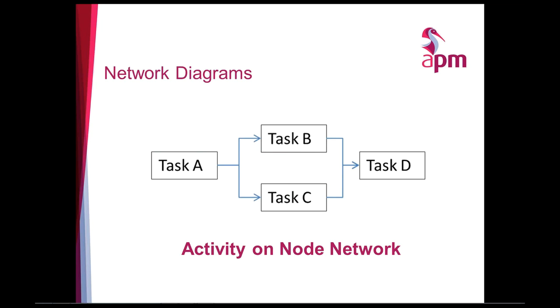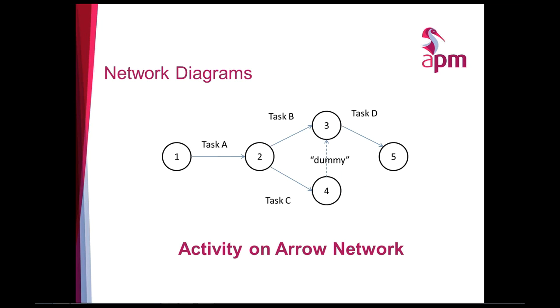Now, there's different types of network diagrams. There's two. One is called activity on node, which is what I'm showing now, and each one of the activities is shown as a node in the network. The alternative to that is what we call activity on arrow, where the activity is actually on the arrows between the nodes. This one is less and less used.